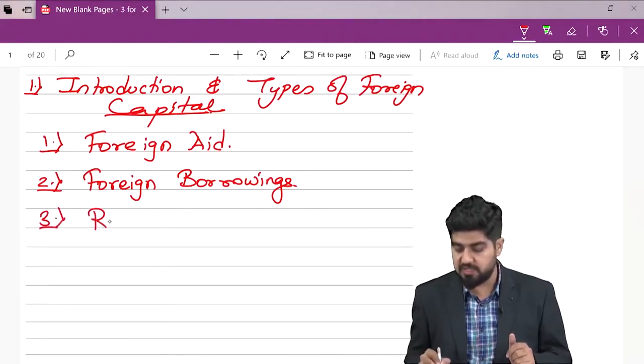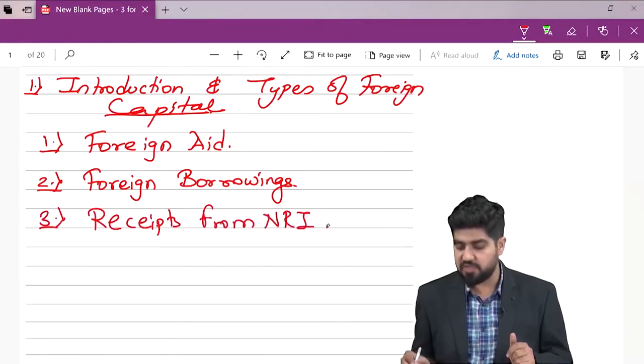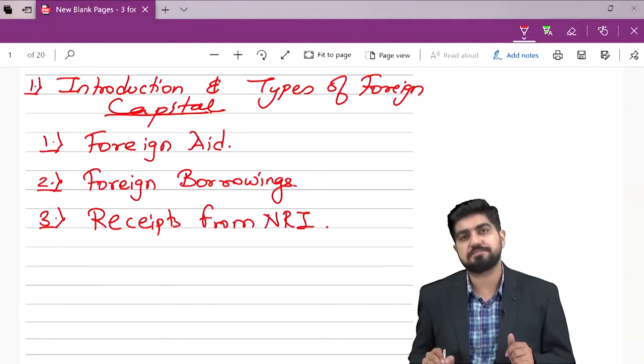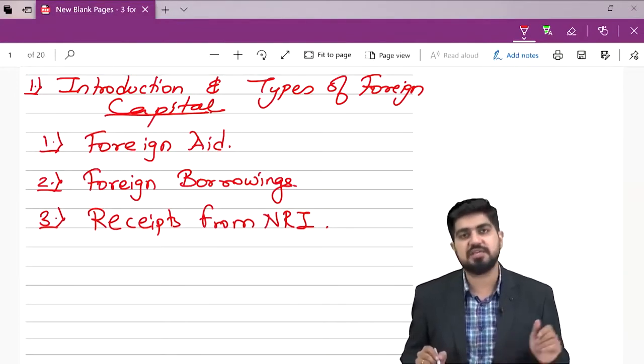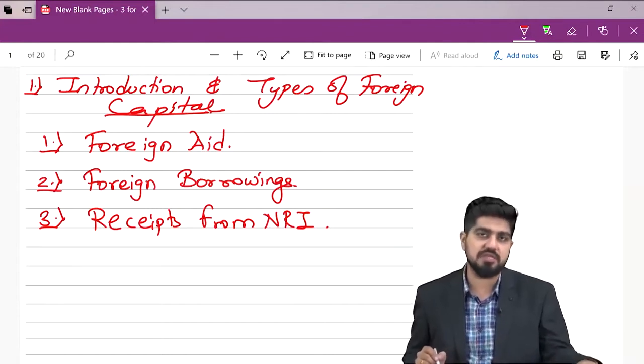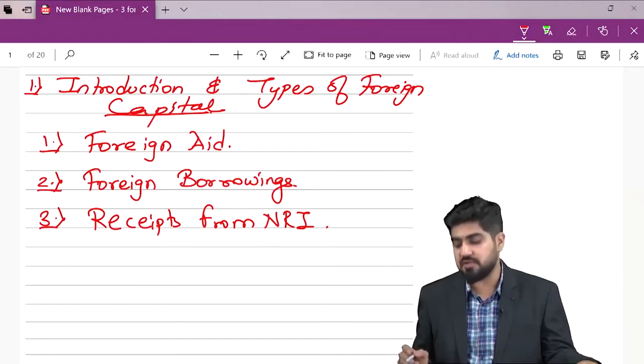Third one will be receipts from non-residential Indians. So whatever non-residential Indians, NRIs, are sending back to our country, that type of movement will also be considered under foreign capital.